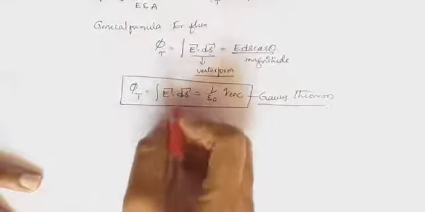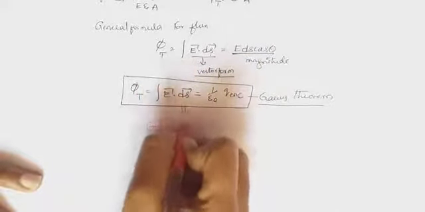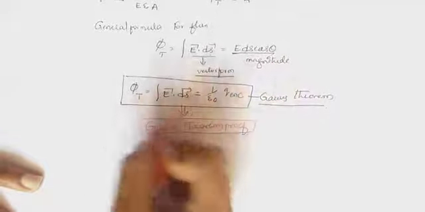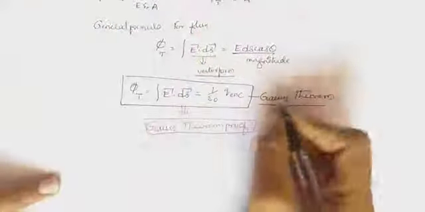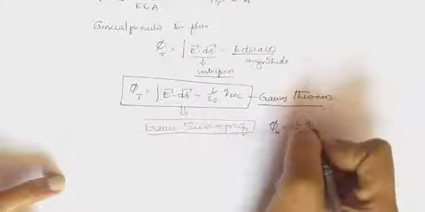Now we have to prove this equation: the proof of Gauss theorem. Gauss theorem says the total flux is equal to 1 by epsilon naught times Q enclosed.